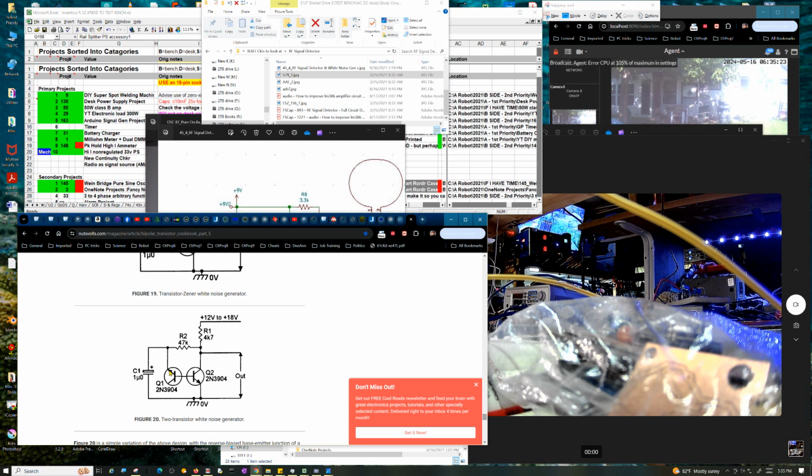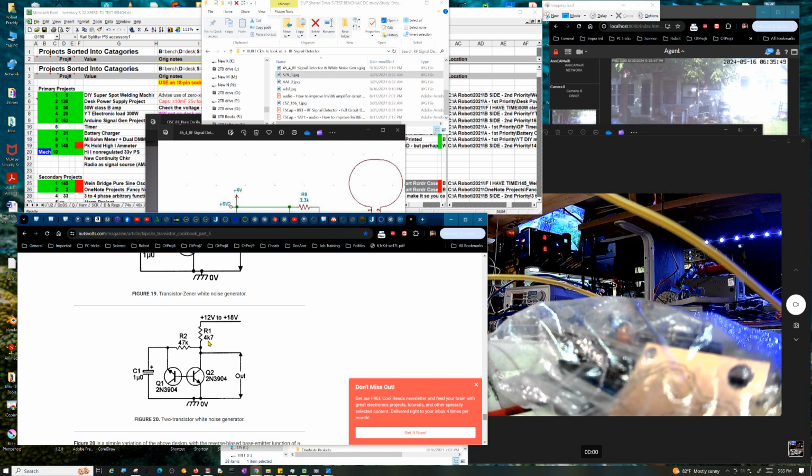The whole idea is to keep this current in the sub milliamp range. This junction generates a lot of noise, and that gets amplified by this transistor, which has maximum gain, because basically RE prime divided into R1 here is going to give you your gain. So it's likely going to be pretty darn high.